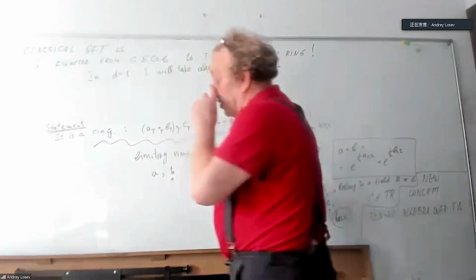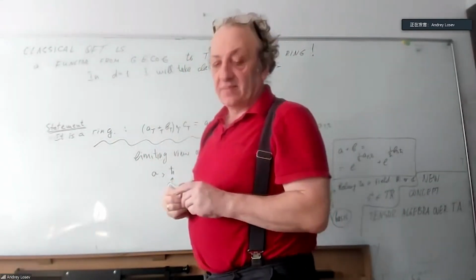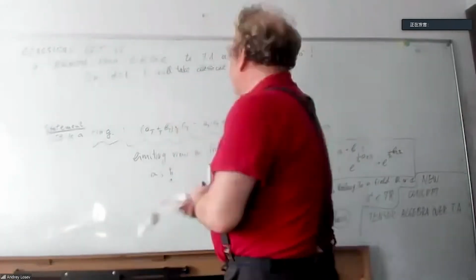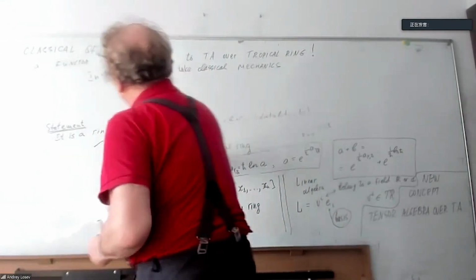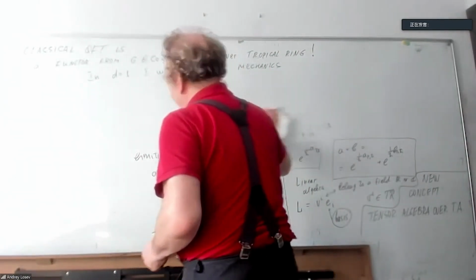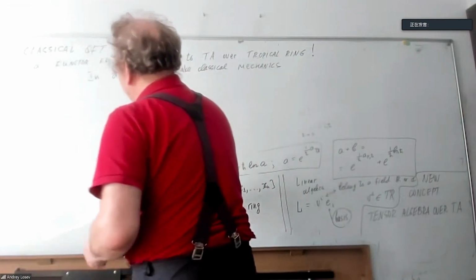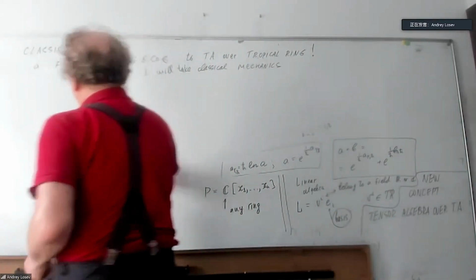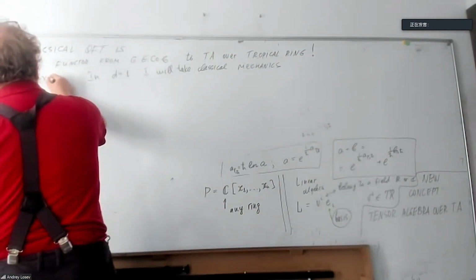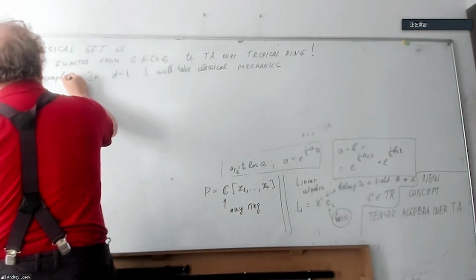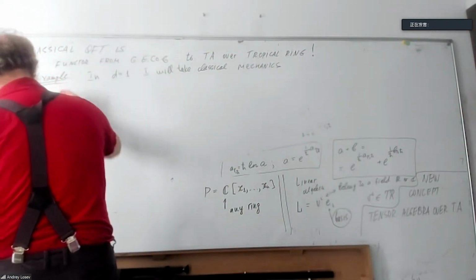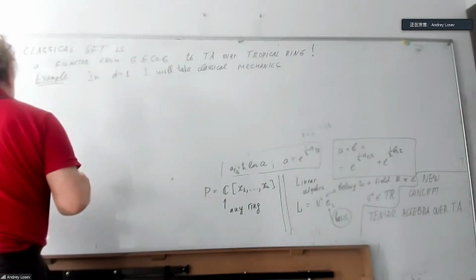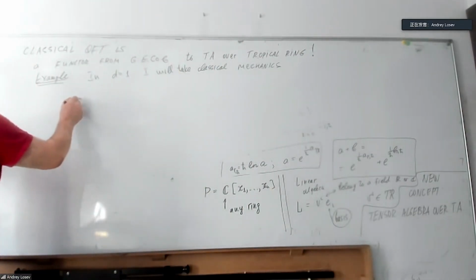I have to remind you what classical mechanics is. So it will be an example. So classical mechanics is the following set of data.